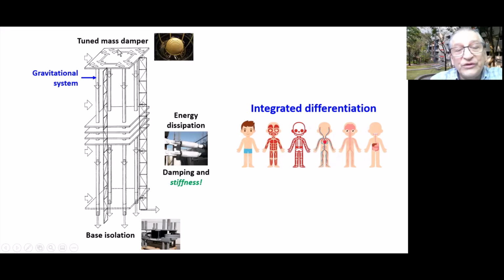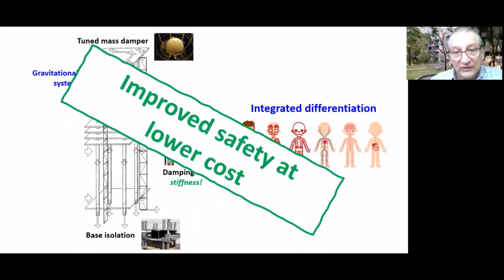The same with our structural systems, where through integrated differentiation, we're starting to learn that the most efficient way to deal with our systems is to provide a system that exclusively carries the gravitational loads and a series of devices that specifically controls the lateral deformation of the structural system. We can achieve then very efficient structural systems at low monetary cost and with the safety that is required from them.